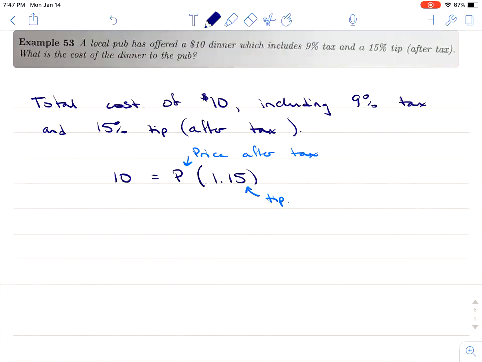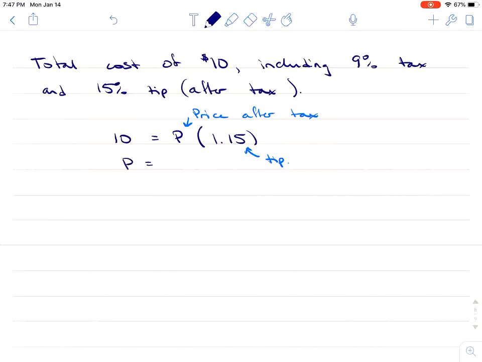Now we can solve for P, right? The price after tax. So P is 10 divided by 1.15. I did a switcheroo here without even really thinking about it, because as always, I like to have what I'm solving for on the left-hand side, right? And so I just kind of move this over here, move this over here. I switch those around, and then I divided both sides by 1.15 in one whoop, whoop, slash.